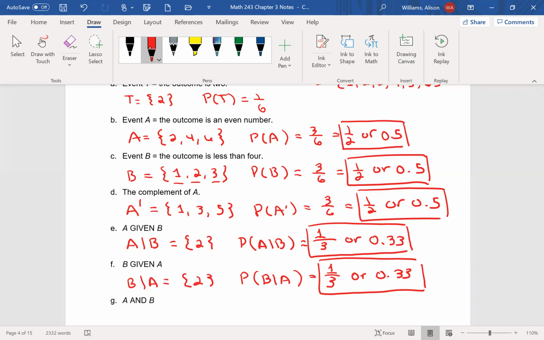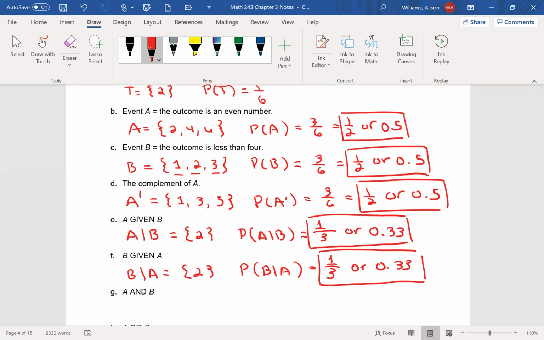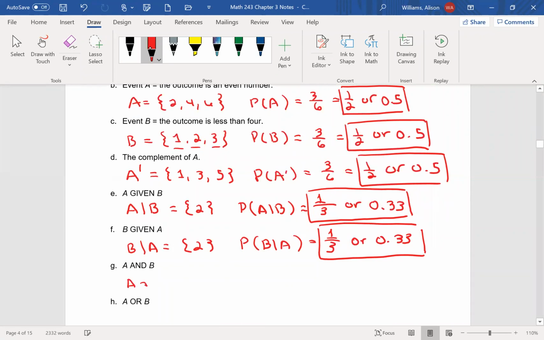A and B. Okay, so for A and B to occur, that means we would have an even number and a number less than 4. So it has to be in both. And again, there's only one possibility. That's 2. But now we're not restricted to the subset; I'm sorry, the sample space we're looking at.